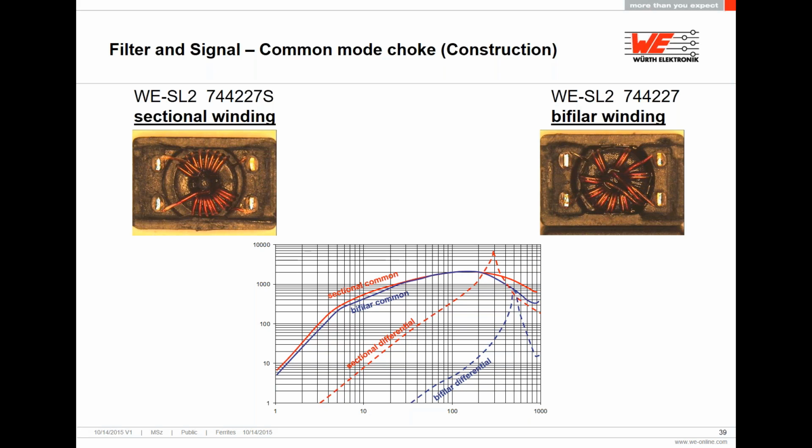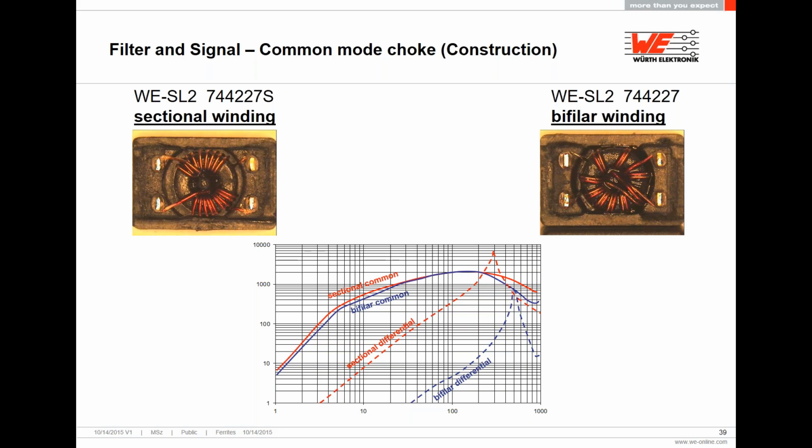The sectional components have a higher leakage inductance and therefore, just as we discussed before, they attenuate differential mode noise as well as the common mode noise. So bifilar winding parts are typically used for signal lines because we don't want to attenuate the differential mode signal, meaning your useful signal. So there is a lower leakage inductance that is utilized for filtering noise on a signal.